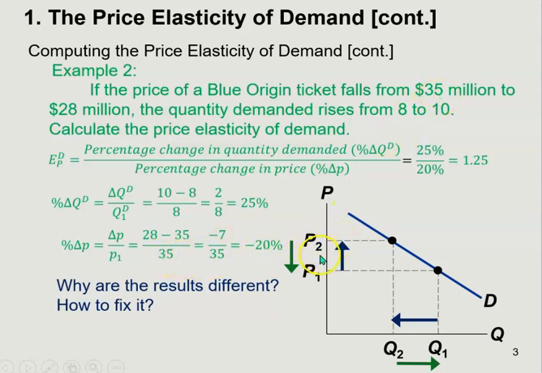That's the initial price as the benchmark to calculate this ratio, as the denominator. So that's where the difference in results comes from. And if you understand where the difference comes from, then think about how we are going to fix it. We're going to come back and talk about this in the next video.